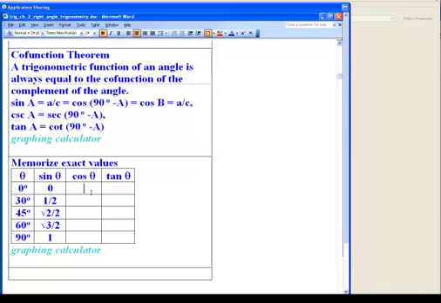For the cosine, it's just the opposite, so it goes backwards. Let's see, square root of 4 over 2, square root of 3 over 2, square root of 2 over 2, square root of 1 over 2, and 0.